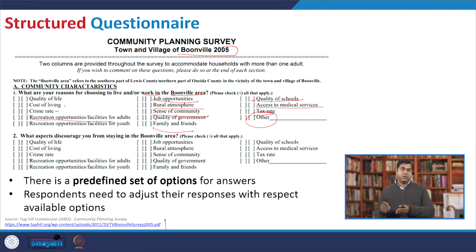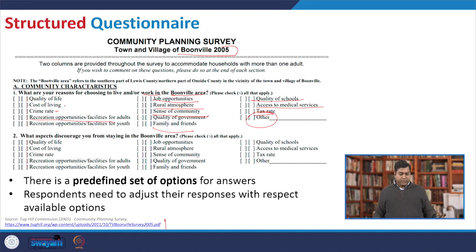So this is some sort of provision in that structured questionnaire to include the other possible answers that may come, even if you are 99% sure that all these reasons are good enough to answer the question of why someone is willing to stay in that particular study area, in this case the Bunvele area.